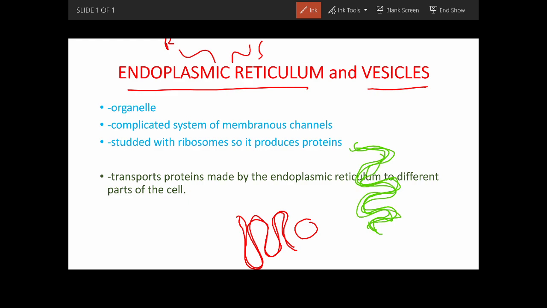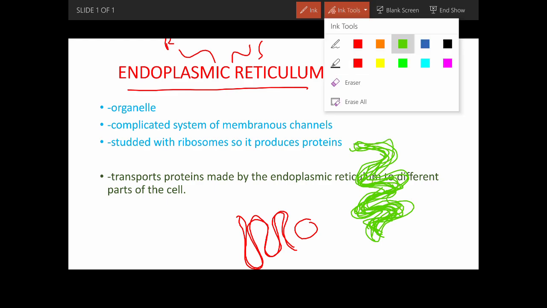It's going in different directions, like a tunnel coiled up. This whole thing is covered in a membrane. So while traveling up this tube, just think of it as a complicated system of membranous channels.